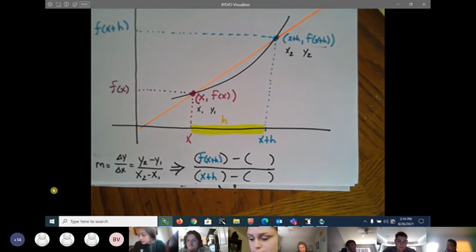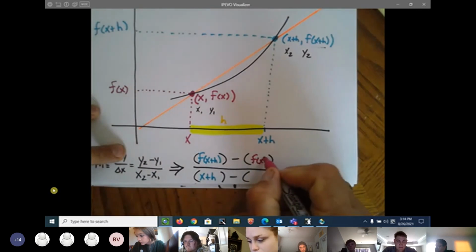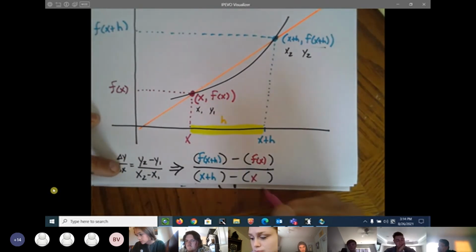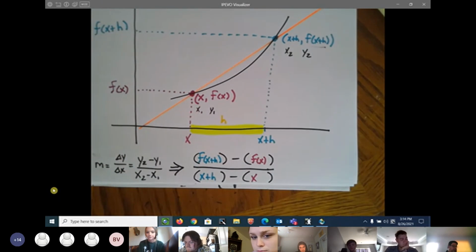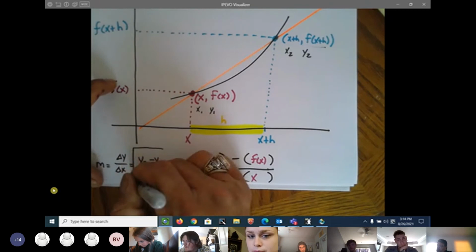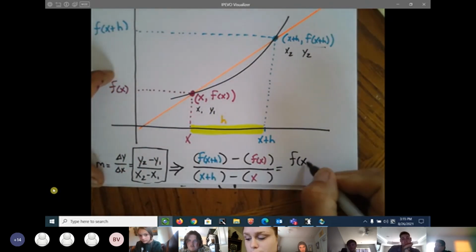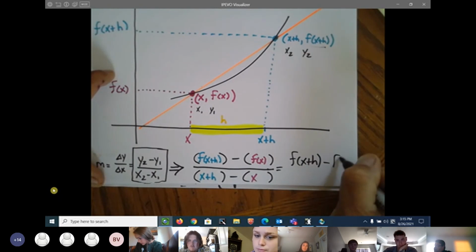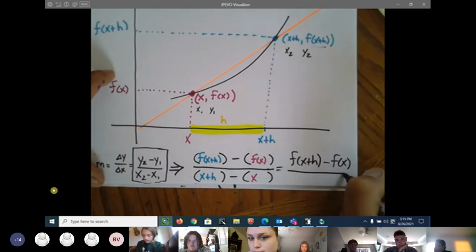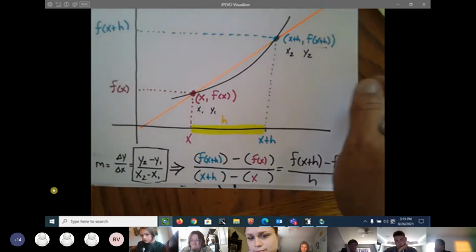And here, I'm going to plug in my f of x and x. Now, what happens when you simplify this? You get f of x plus h minus f of x over h.